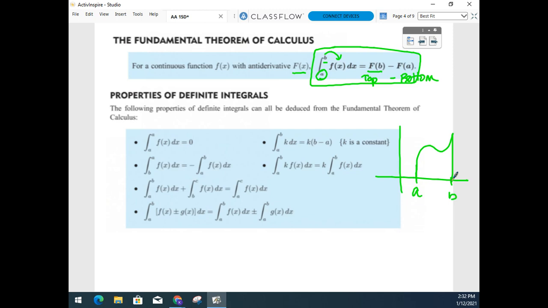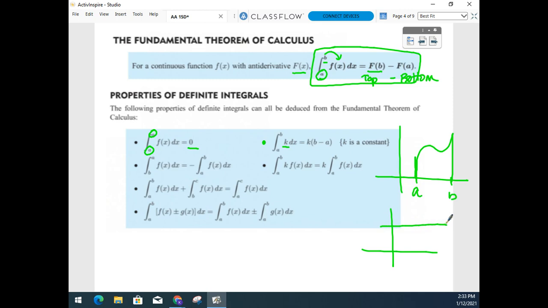First of all, since the integral represents the area, if the value goes from A to A, basically if I don't go anywhere, there's no area. That's why the integral value would be 0. Second one, if we integrate a constant, k, think of that graphically.